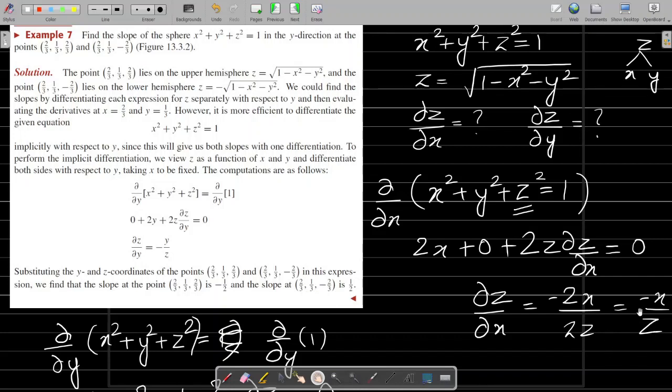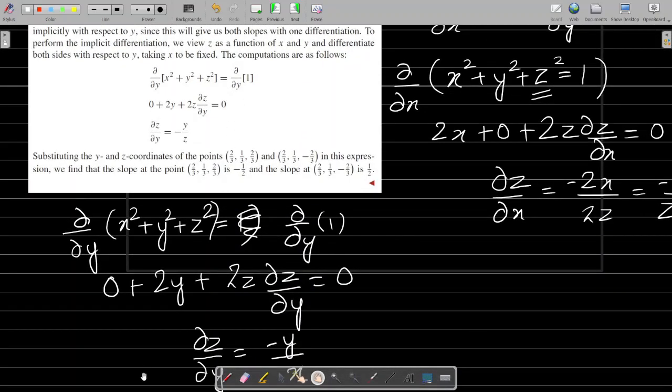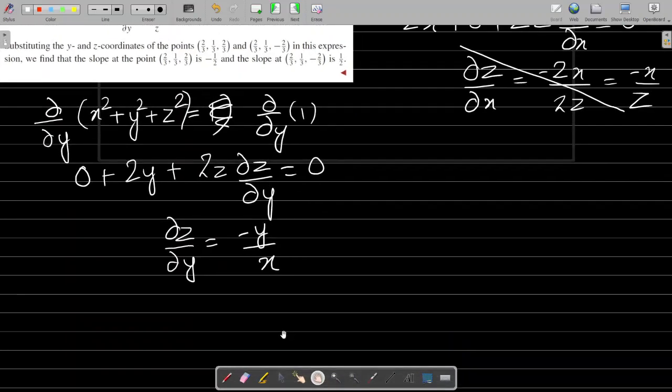Okay, we are substituting at these points. The slope in the y direction is asked first. So they have not asked you to find dou z by dou x, so this part you don't have to evaluate. You just have to evaluate this dou z by dou y. They've asked you to evaluate in the y direction.